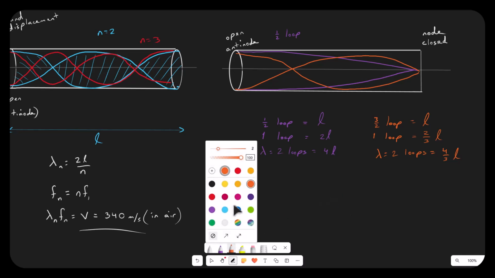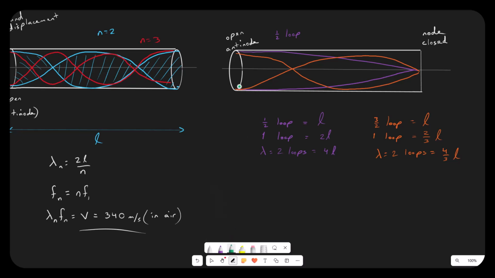Let's do another. We'll go green. Go up, come down, and back again. And let me get rid of some of these other colors because they start to be really busy.